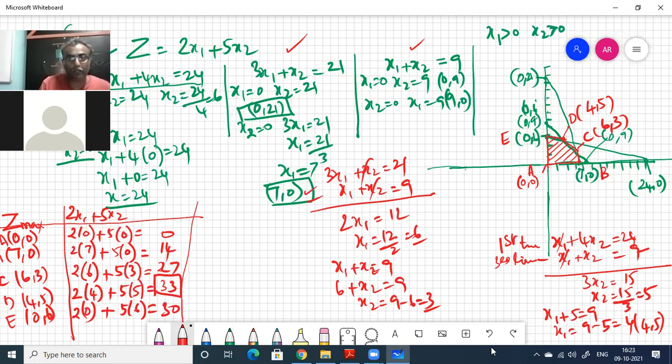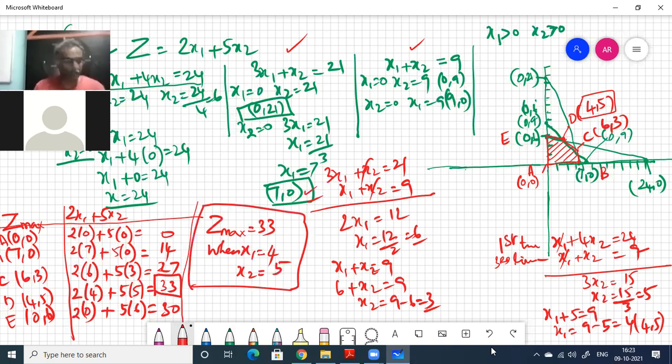So D, 4 comma 5, is the maximum point. So Z max is equal to 33 when x1 is equal to 4 and x2 is equal to 5. This is the answer.